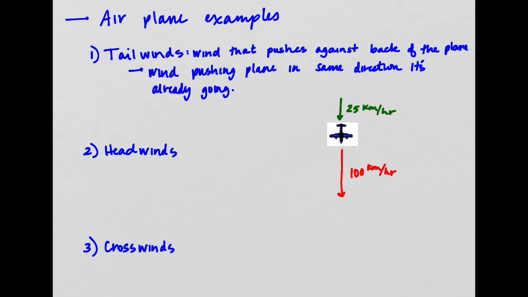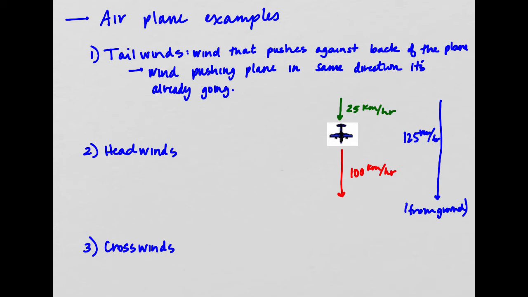But from the ground, we see the plane moving with this velocity from the plane's engine plus the velocity from the tailwind that is pushing the plane forward. So the resultant velocity here is we just add these two together because they're in the exact same direction. So the resultant velocity, relative to the ground, is 125 kilometers per hour in the southern direction.